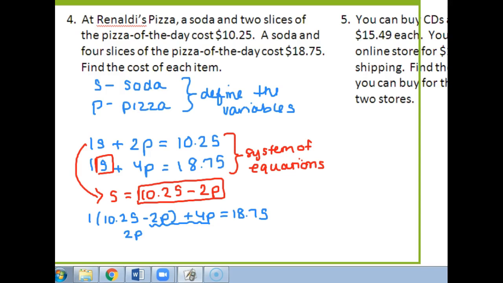And then 10.25 gets subtracted to the other side. So 18 minus 10 is 8, and 0.75 minus 0.25 is 0.5. Divide both sides by 2, and we get that a slice of pizza is $4.25.